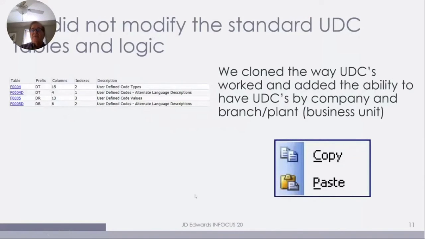I must say that we did not modify the standard UDC tables and logic. One of the main reasons for that was, at the time we did this, the instance was at least 8 or 9 years mature already and had many different companies on the system.